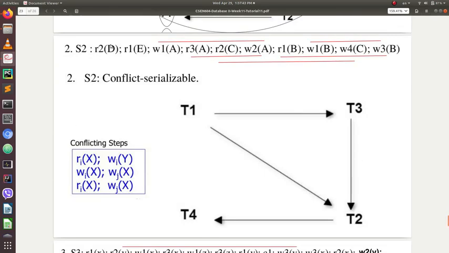We have a read operation for transaction 2.